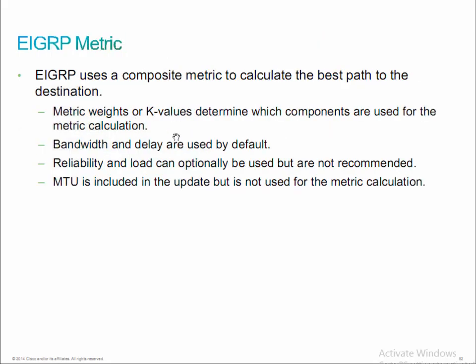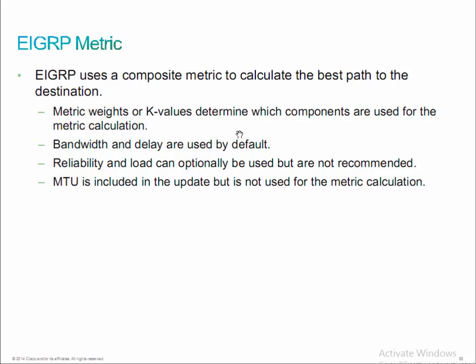We spent quite a bit of time already talking about the metric as well. The metric weights, or the K values, allow us to determine how much weight we apply to each component of the metric: bandwidth, delay, reliability, and load. But as we saw from the formula, bandwidth and delay are the ones that are used by default because of the default K values. Cisco doesn't recommend ever changing those K values, and there's really no practical reason why you ever would.